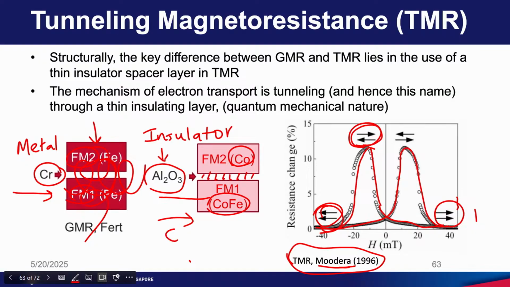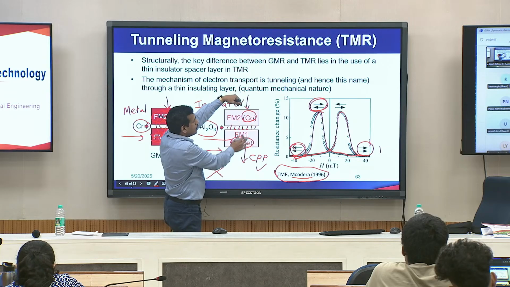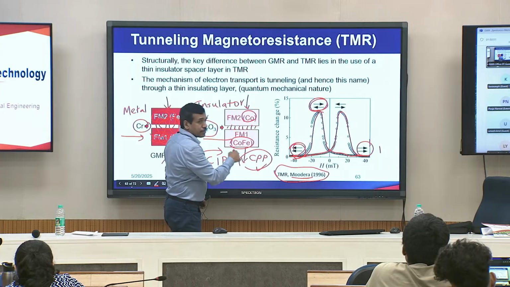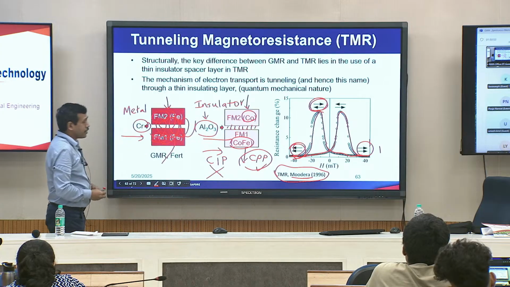So, we cannot use current in plane, we can only use current perpendicular to the plane, because we are talking about sending a stream of electrons and looking at some electrons having the probability to tunnel to the other side. So, we use TMR only in the current perpendicular to the plane configuration.